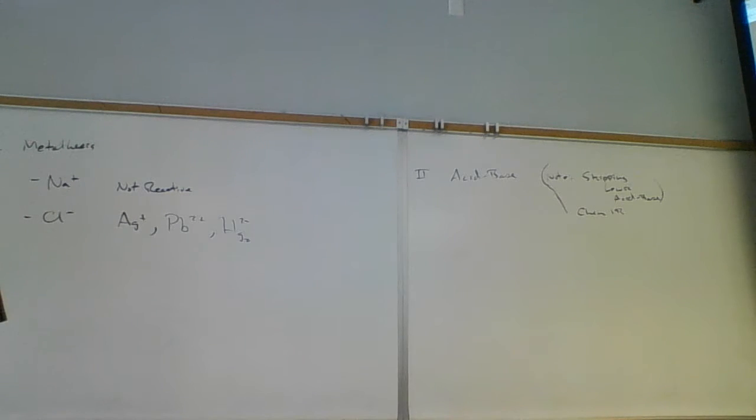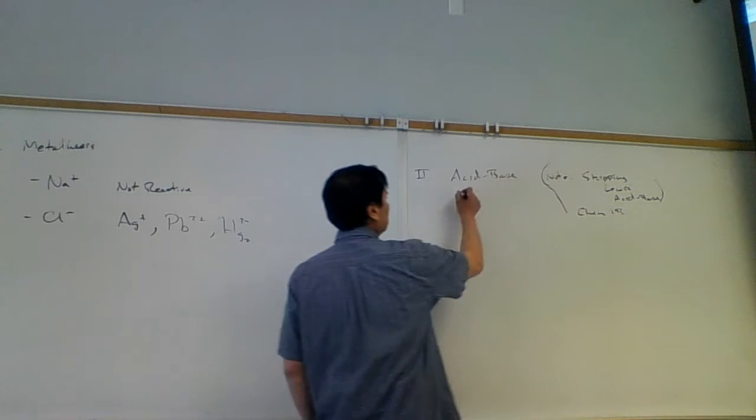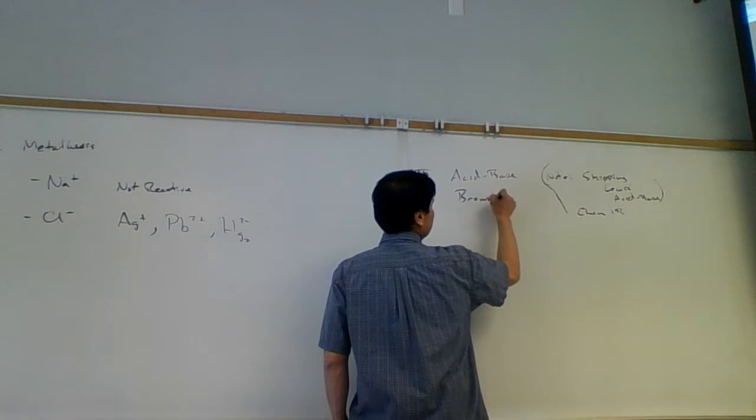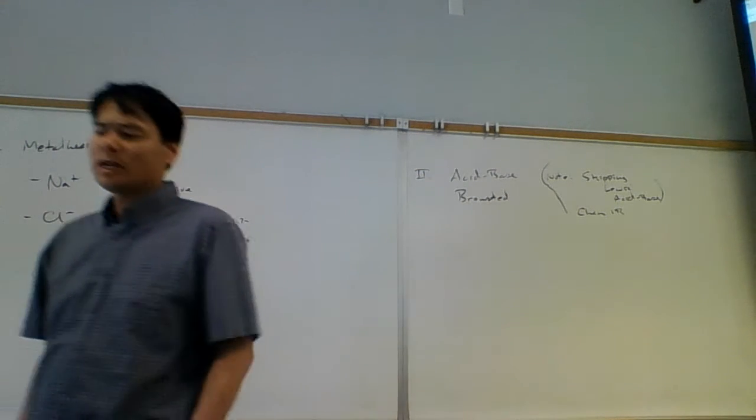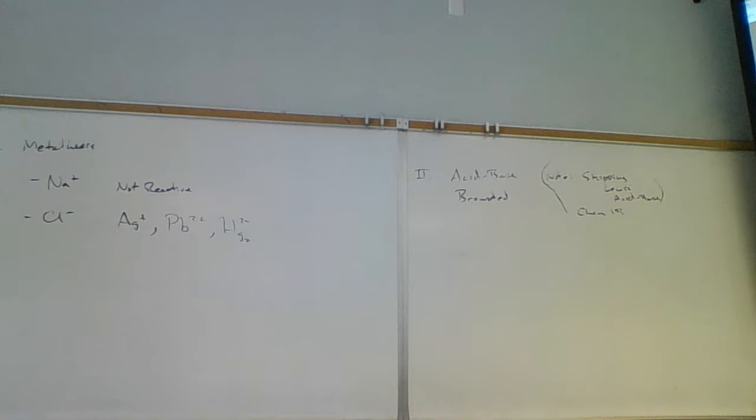But since Lewis is so complicated, we subdivide it. And we come up with a category called Bronsted, which is way easier. And so we're just looking at the Bronsted acid-base. And so what that means is we might miss the reaction, but that's okay. We might miss a Lewis, but we'll get the bulk of it. So we'll get a decent feeling for these.